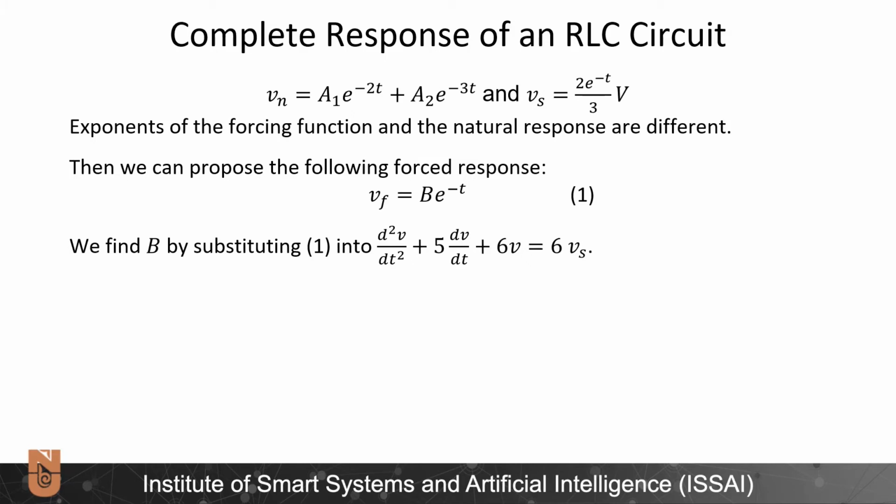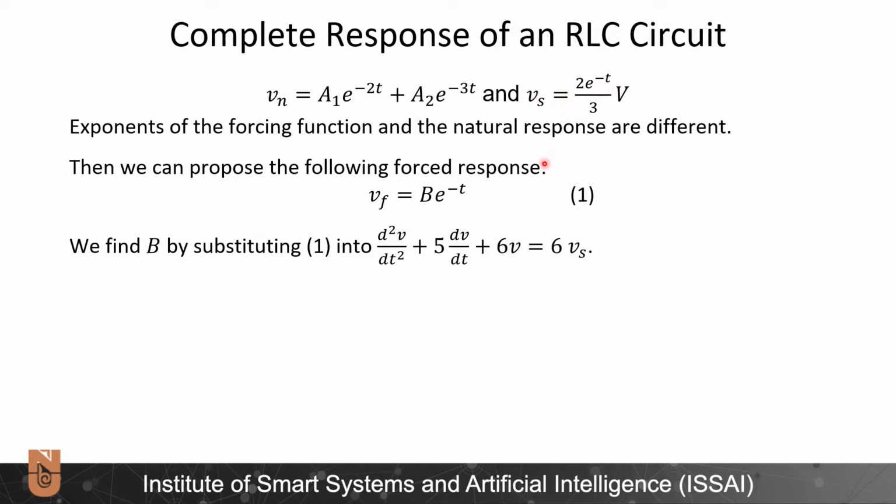The natural response of the circuit is vn is equal to a1 times e to the minus 2t plus a2 times e to the minus 3t. And the forcing function to the circuit is equal to 2 times e to the minus t. As you can see, the exponents of the natural response are minus 2t and minus 3t, whereas the exponent of the input or forcing function is e to the minus t.